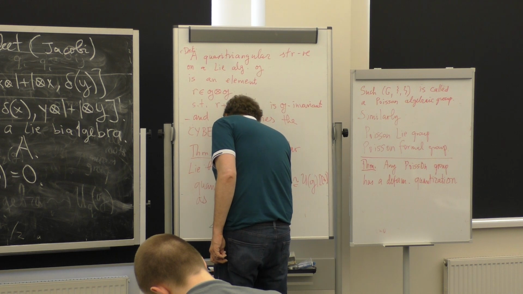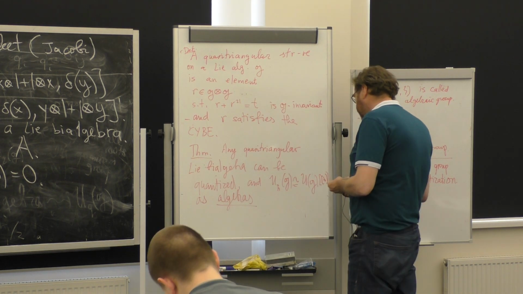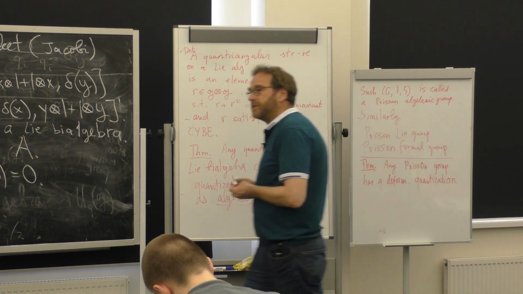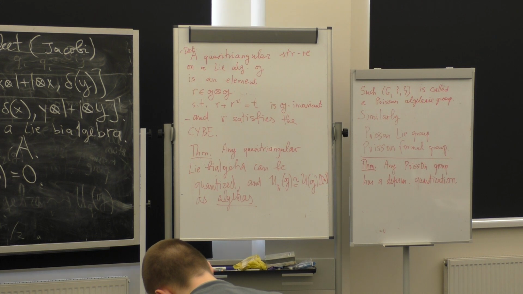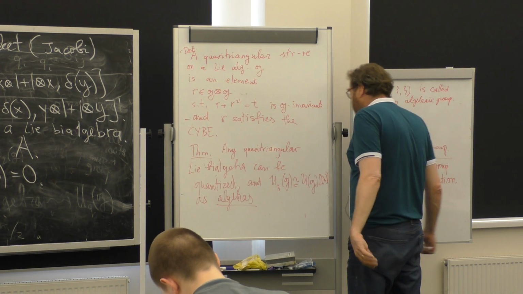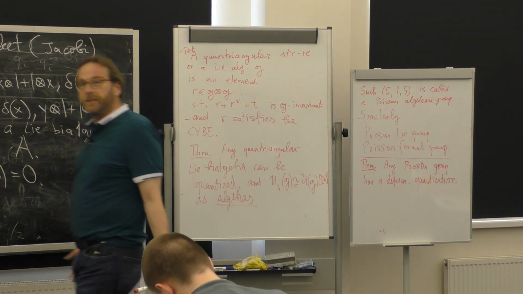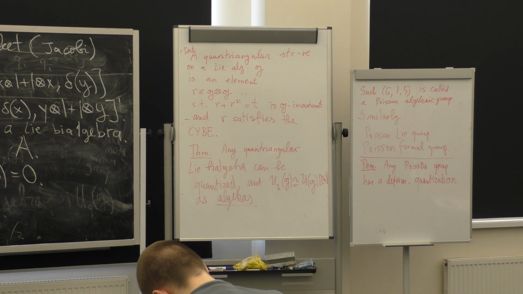So the coproduct is certainly different. Here it's co-commutative, and here it is not. But the product is the same. So in particular, the quantum group U_q of G, if you take formal q, is isomorphic to U of G as an algebra for finite dimensional Lie algebra G.